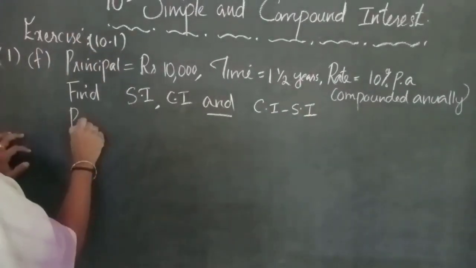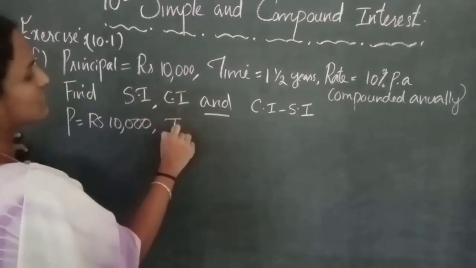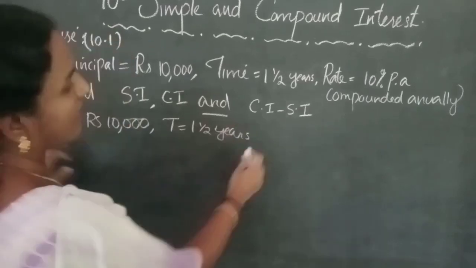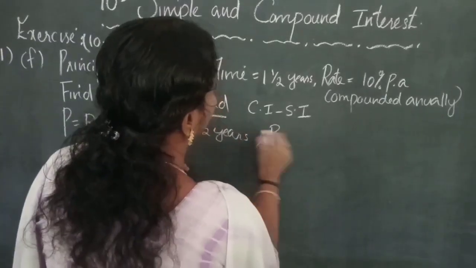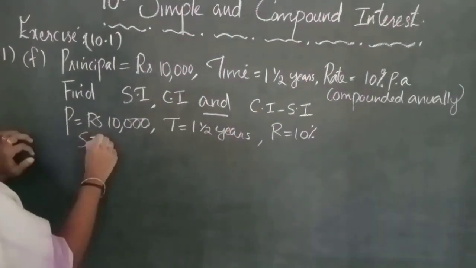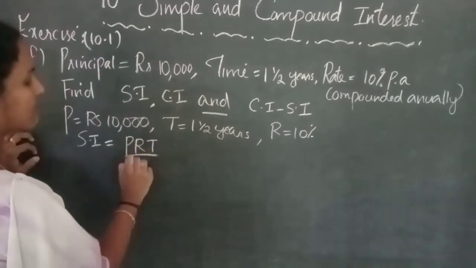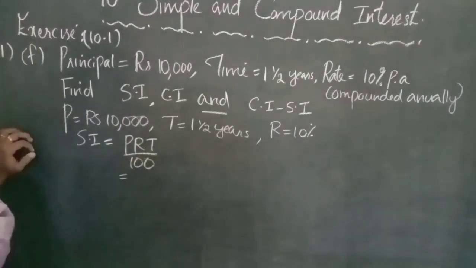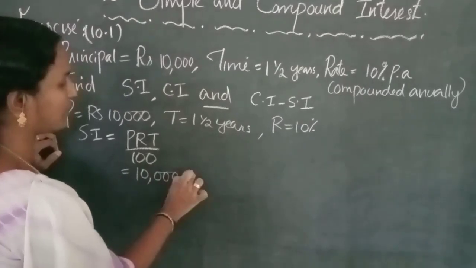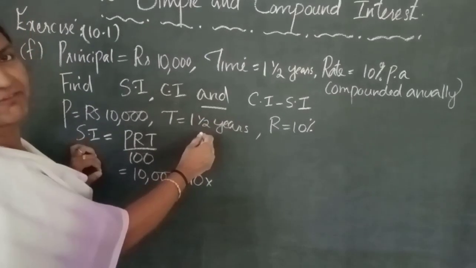So given P is equal to rupees 10,000, time T is equal to 1.5 years, and R, rate of interest, is equal to 10%. So, simple interest SI is equal to PRT divided by 100 is equal to P 10,000 into R 10 into T 1.5 years.